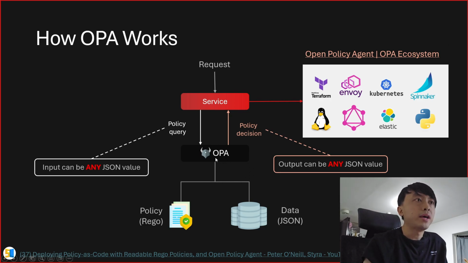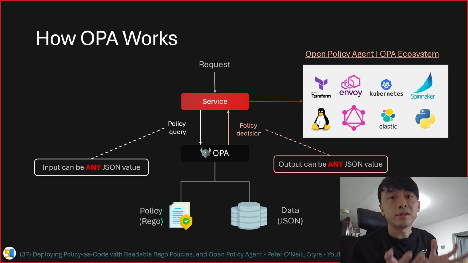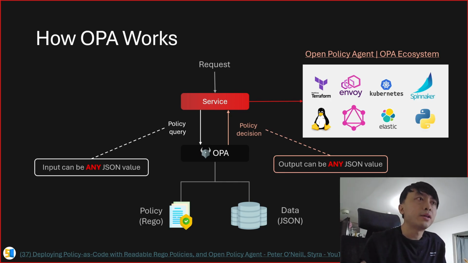Now we have OPA right here. We can run OPA as a standalone program, or we can embed it in our systems. Let's say we create a separate system. We provide OPA with the policy, which we write in code using a language called Rego.